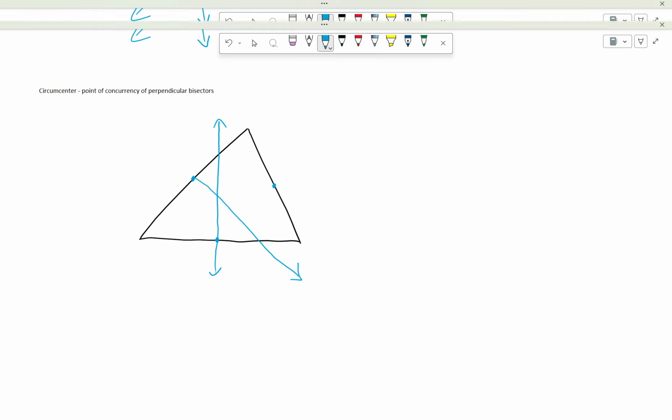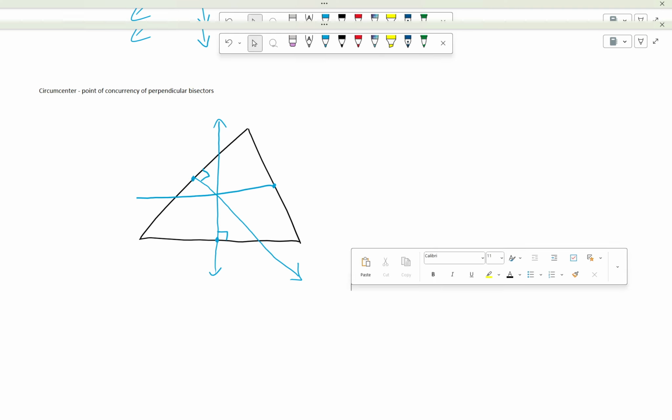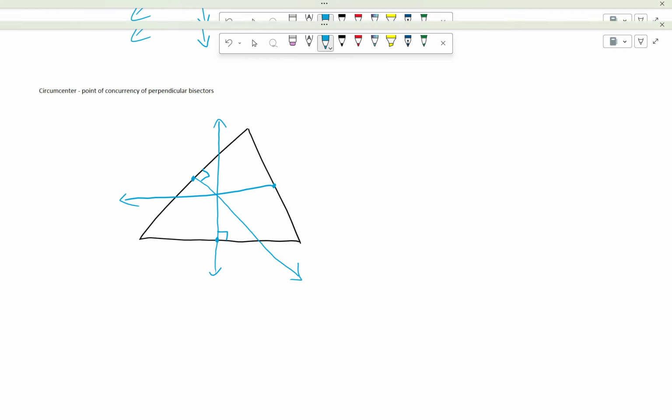And for all triangles, what winds up happening when I draw these perpendicular bisectors is they will absolutely meet, all of these guys, through that same point of concurrency, okay? So this guy right here is the circumcenter, and that's the perpendicular bisectors' point of concurrency. So this circumcenter is this point right here, okay?